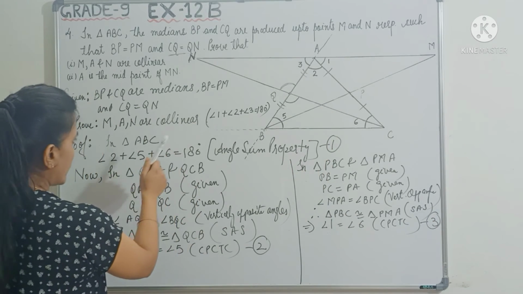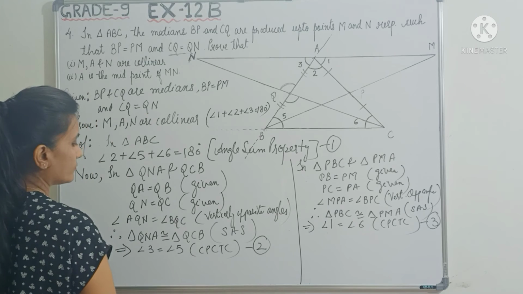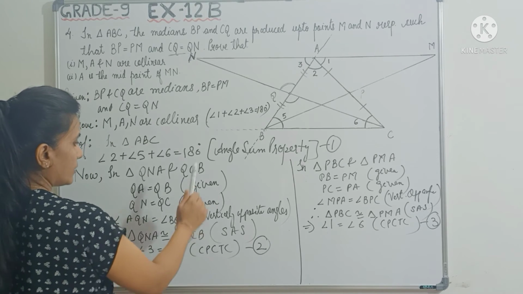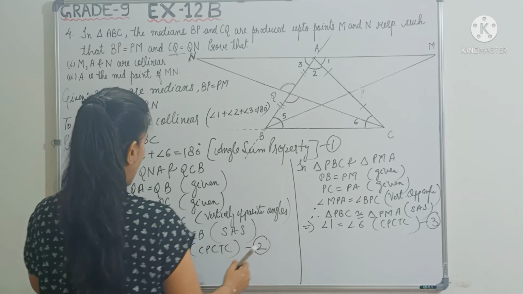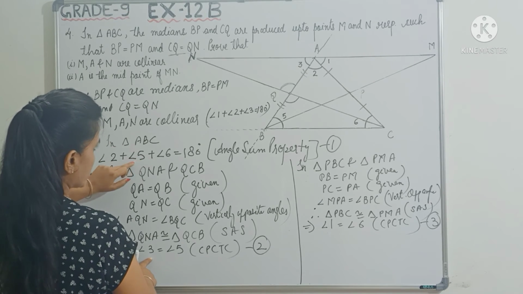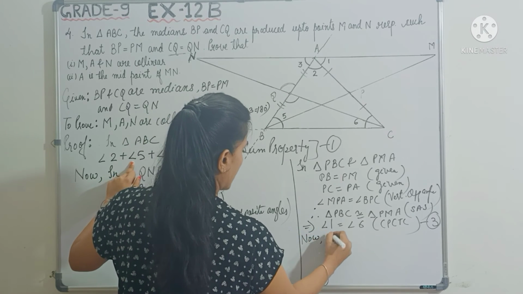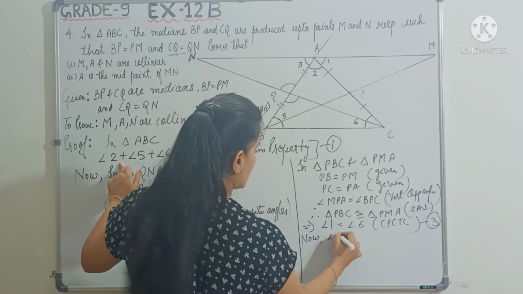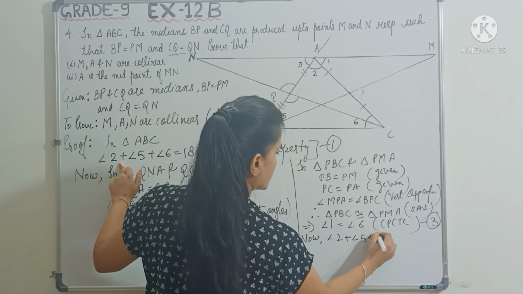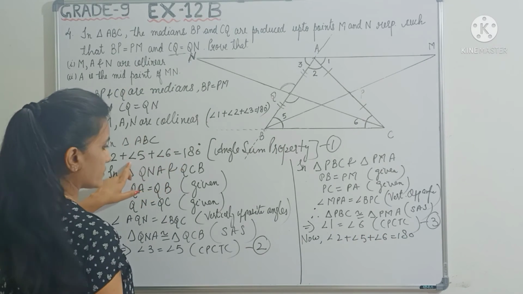Now from 1 to 3, what can you conclude? From 2 and 3, I can place angle 5 as 3 here, right? So let's write on this. Now we know that angle 2 plus angle 5 plus angle 6 is equal to 180. From 1 we know that, right?